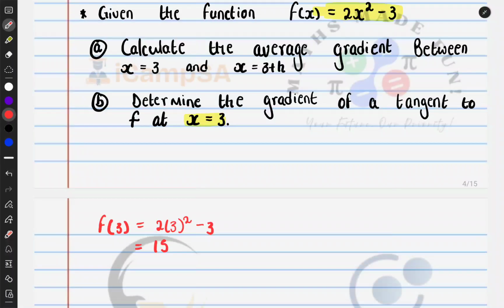Okay, and then let's go ahead and find the corresponding y value for f of 3 plus h. We're going to have 2 into (3 plus h) squared minus 3. This would be equal to 2 into (9 plus 6h plus h squared) minus 3.